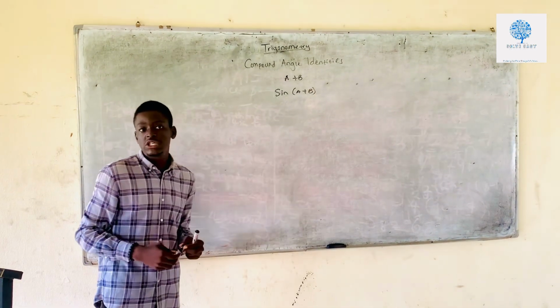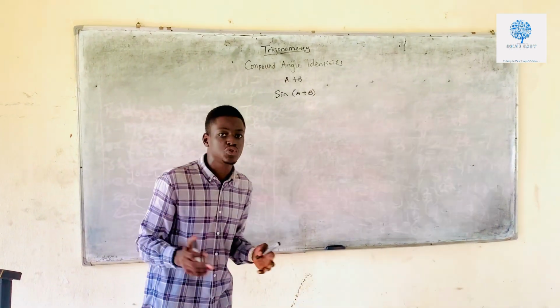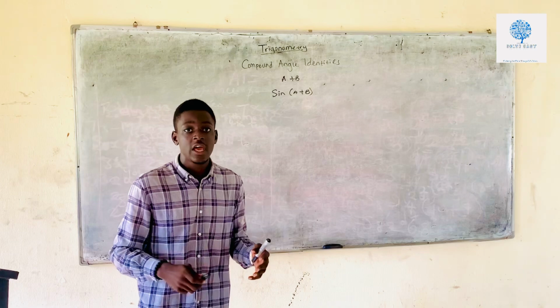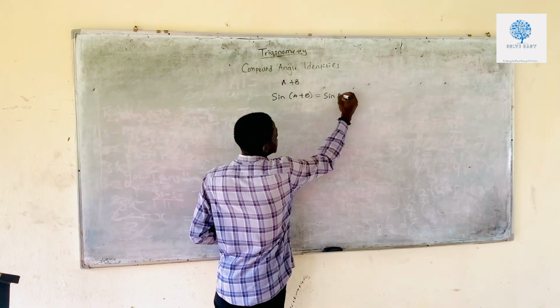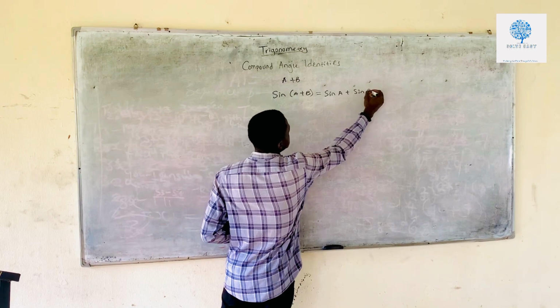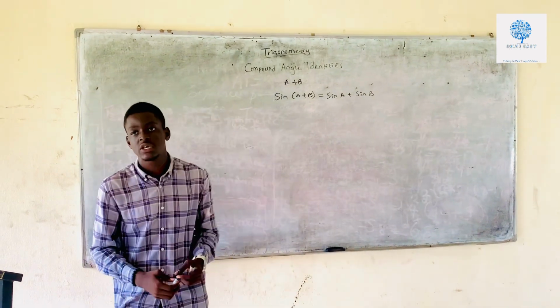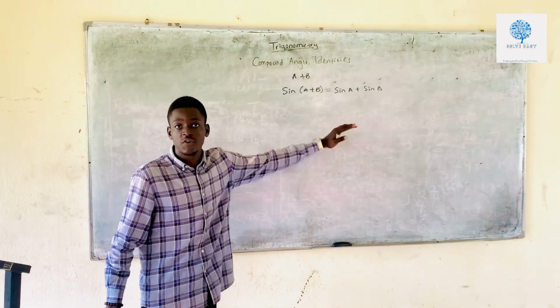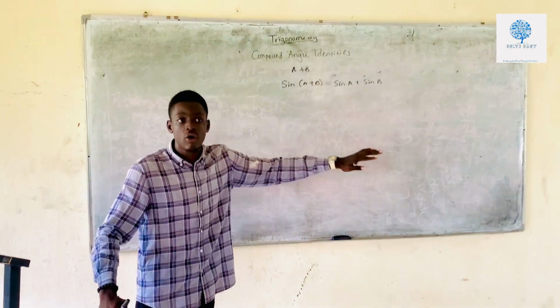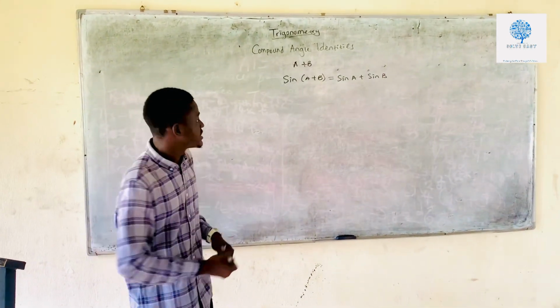Now, to be able to do this, it would be wrong to express this using the normal distributive property in algebra. That is, if this is sine A plus sine B, it will be very wrong to say this is correct. Because if I were to express any trigonometric function this way, it will be definitely wrong. So what do we do to express this?